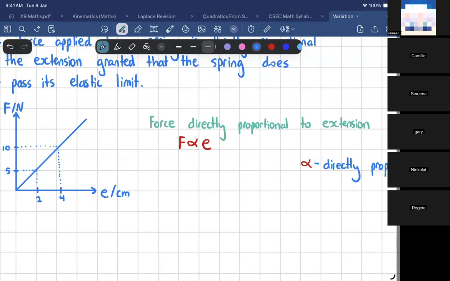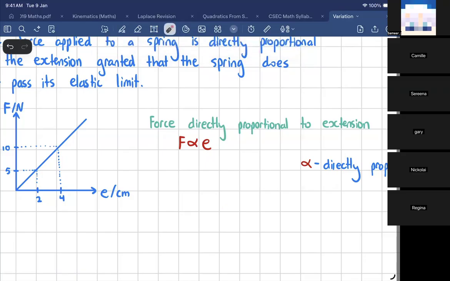We can't say that for sure. Let me explain why. Let me just say I apply a force of 100 newtons. Which spring would extend more? The spring in a car suspension or the spring from a pen? I apply the same force, so tell me which one would extend more.